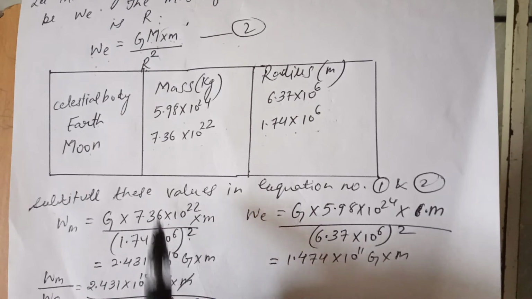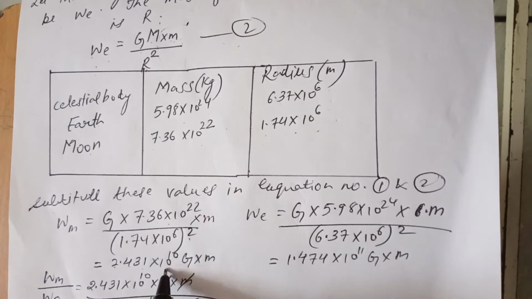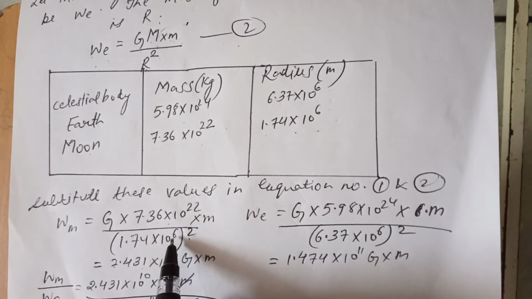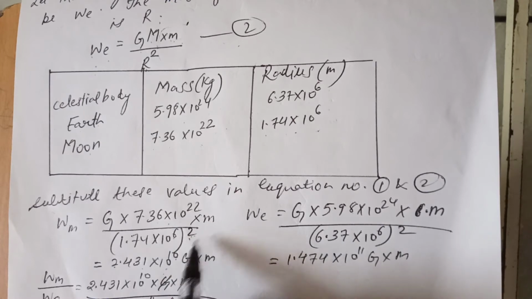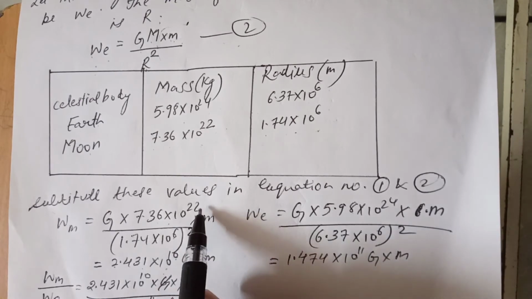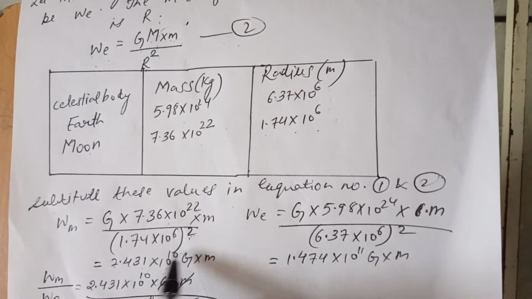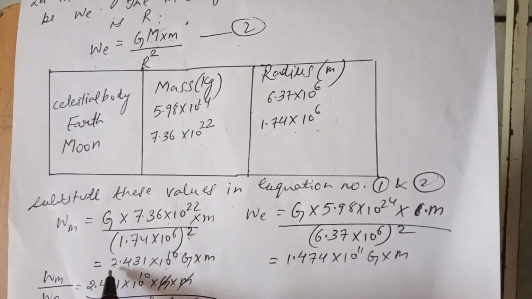When you solve it, 10 to the power 6 squared gives 10 to the power 12, which goes to the denominator, so 22 minus 12 gives 10 to the power 10. On solving, you will get 2.431 into 10 to the power 10 into G into m.